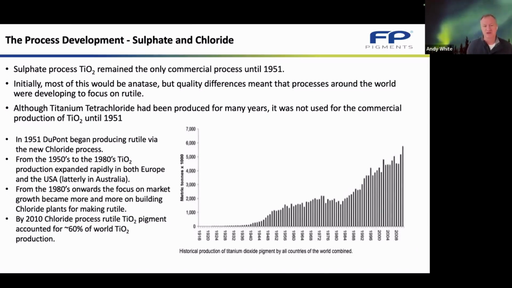And you can see from this graph here, as the industrialization happened, we started off with the sulfate process, and then in the 1950s, DuPont started the chloride process, and you can see the growth in titanium dioxide volumes in thousands of tons. So by the 2000s, we were up to 5 million tons. We're actually up to over 7 million tons of TO2 globally now. And I think the projection is that by about 2030, there'll be 10 million tons of titanium dioxide used globally.